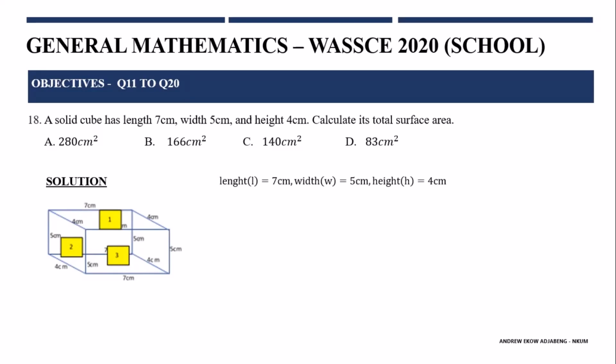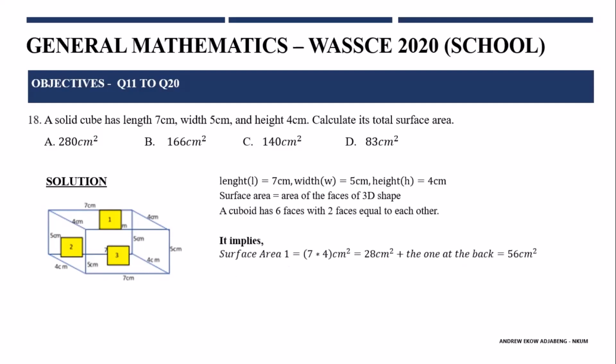And then our height is 4 centimeters as well, and all the heights are the same. Since we know that, we can now look for the surface area, which is equal to the area of the faces of the cube. In this sense, it's a 3D shape. A cube has 6 faces, with 2 faces equal to each other.